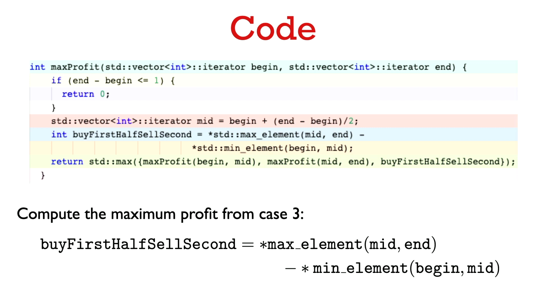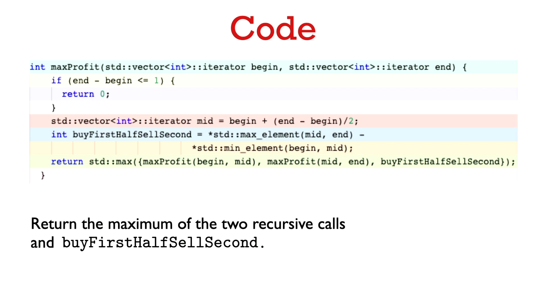So we just compute the maximum element in the second half and the minimum element in the first half, and we subtract these. And that's the maximum profit from case 3. And the final line of the algorithm, we return the maximum of the 3 cases. So the maximum profit on the first half of the vector, which is computed by the recursive call to max profit from begin to mid.